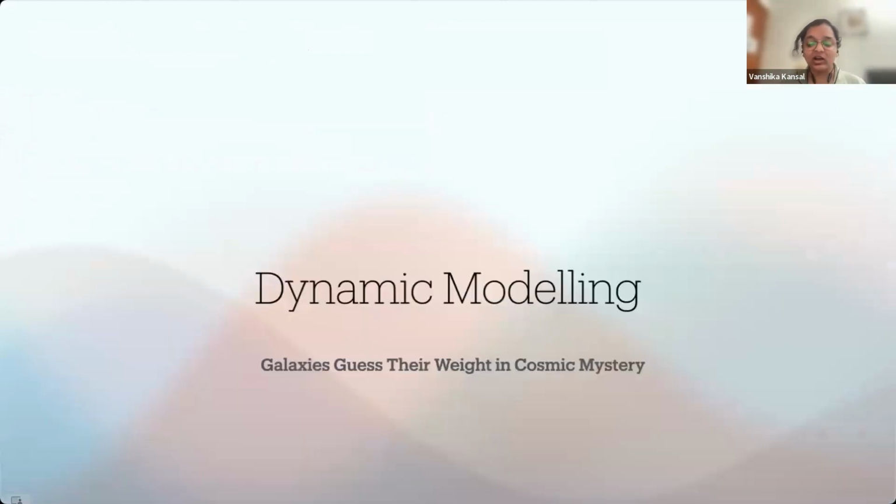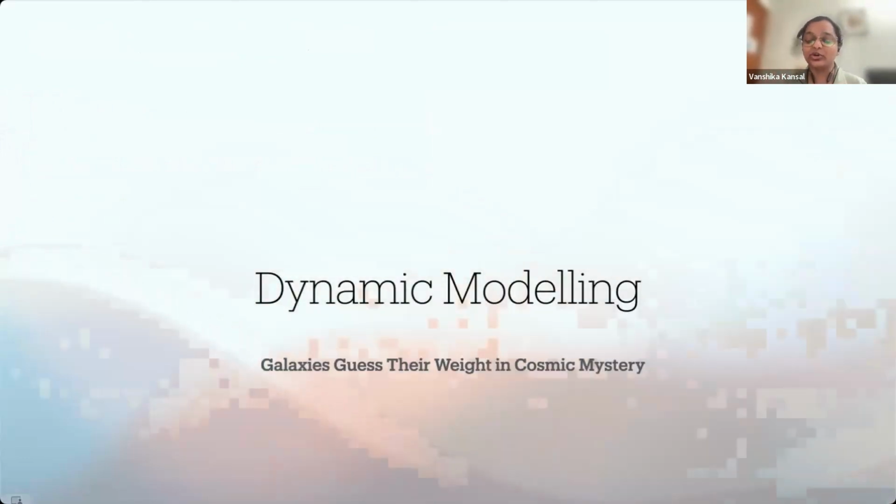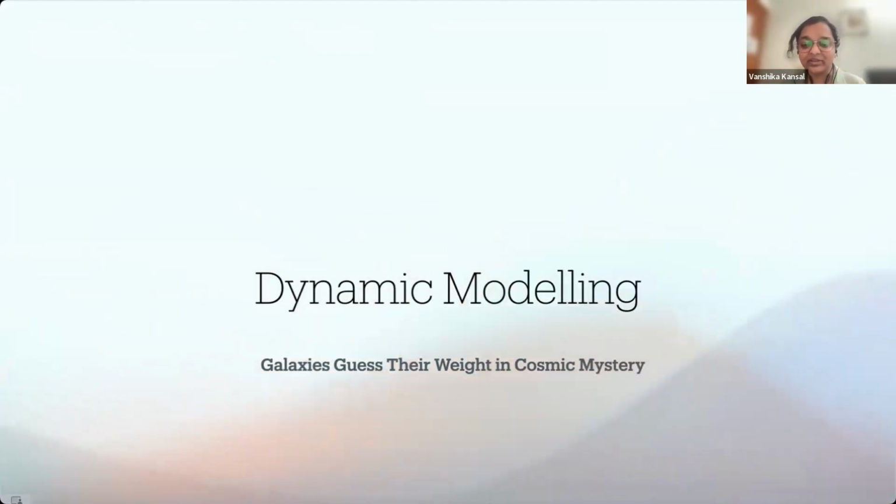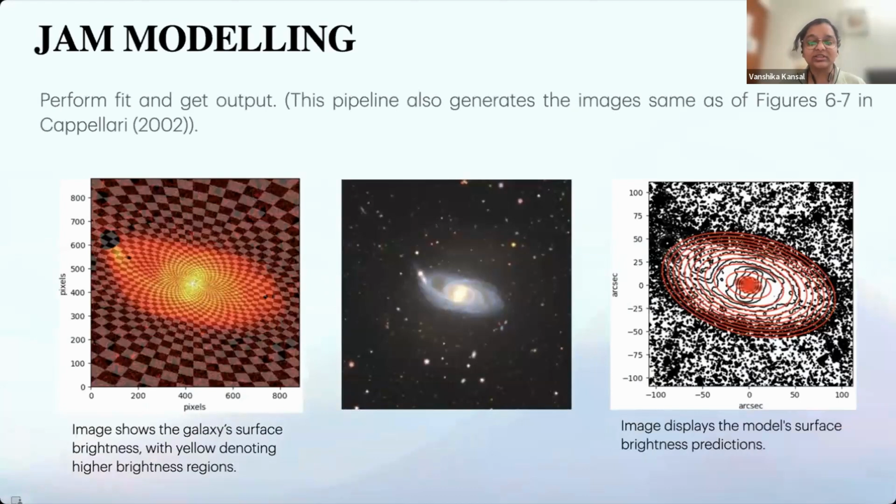Now, for our KOALA and WiFeS data where we have observed lenses, we are using dynamical modeling that Michele Cappellari has given us, a beautiful one. So this is our NGC 151 again, where I have run JAM modeling, and we fit these multi-Gaussian components. So we got this surface brightness.